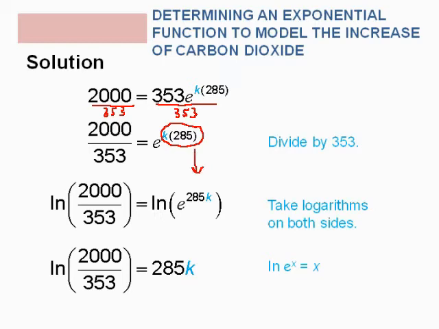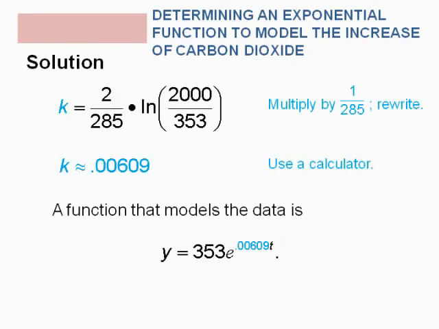Now to undo the e, we're going to take the ln of both sides of the equation. And again, here's that rule, it just keeps coming back. So with 285k, the ln undoes the e and gives us that power, so 285k equals the ln of 2000 over 353.